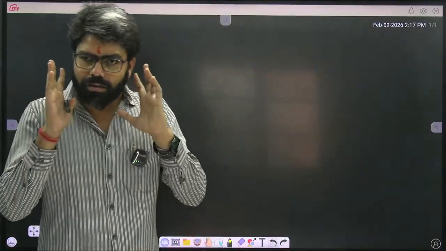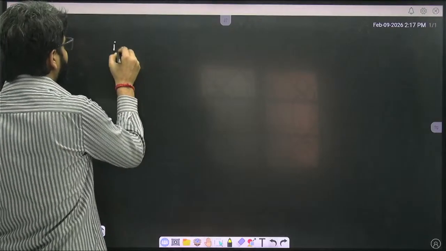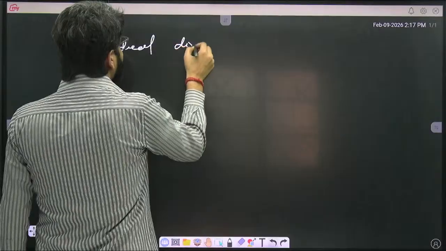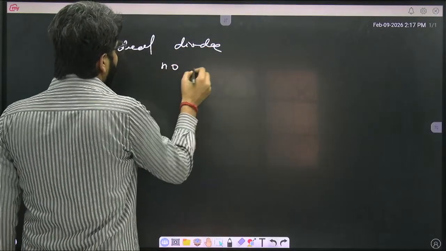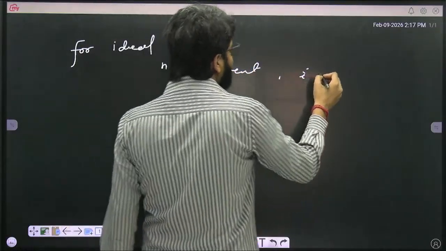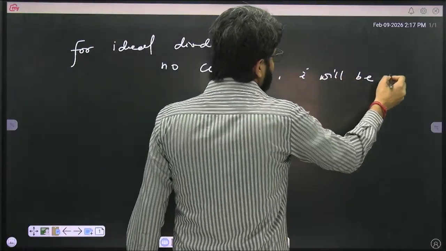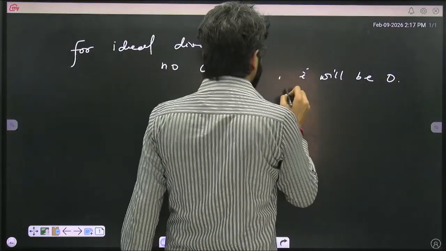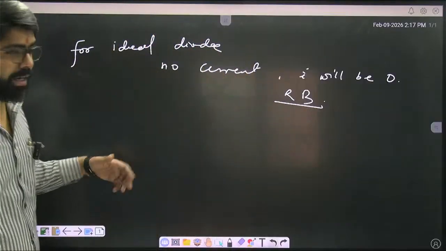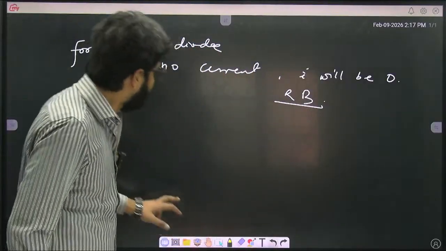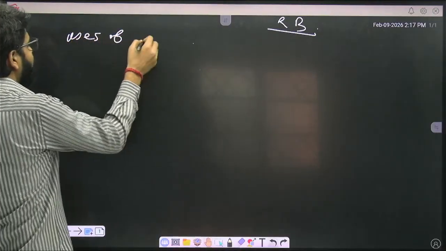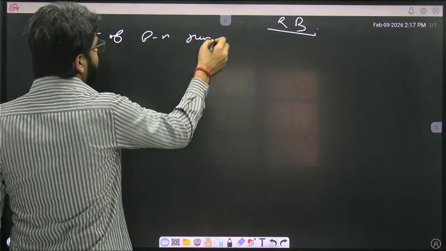For an ideal diode, there is no current, the current would be equal to 0 for this RB connection, that is the reverse bias connection. Now, uses of PN junction diode.